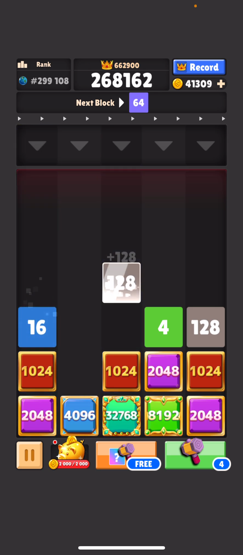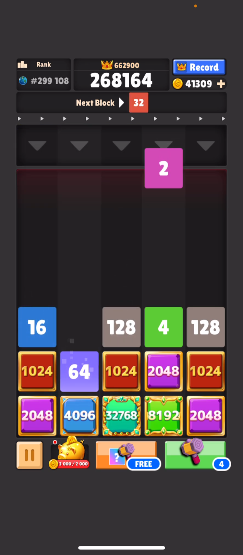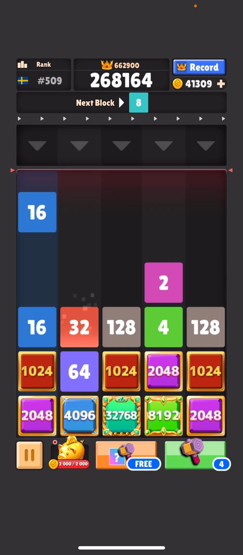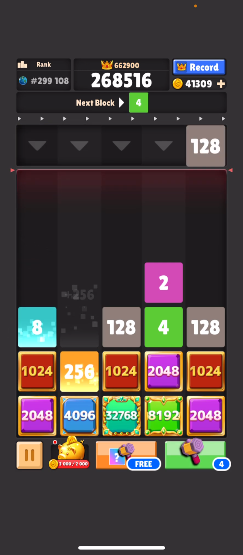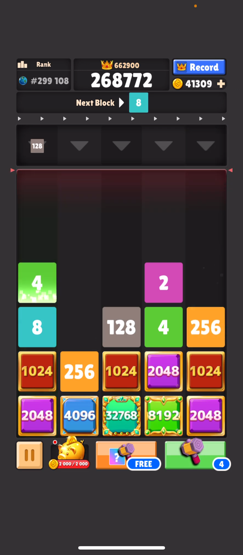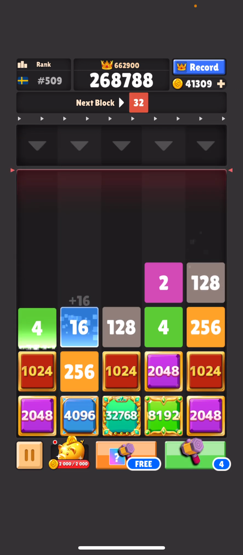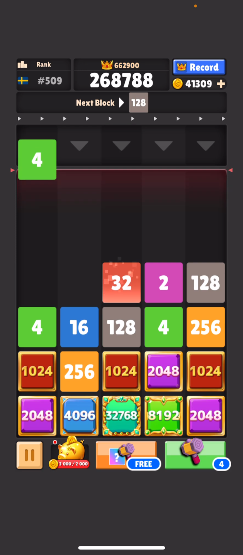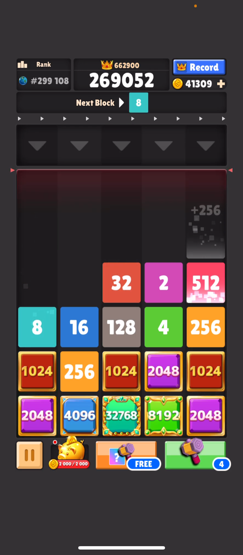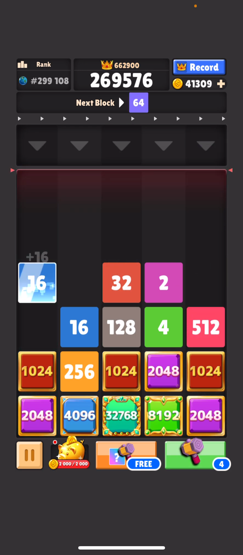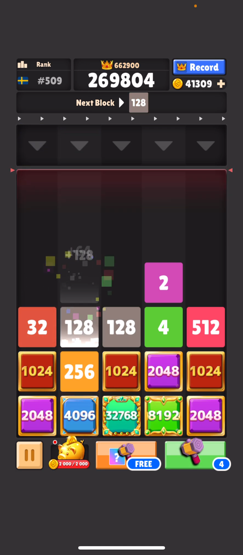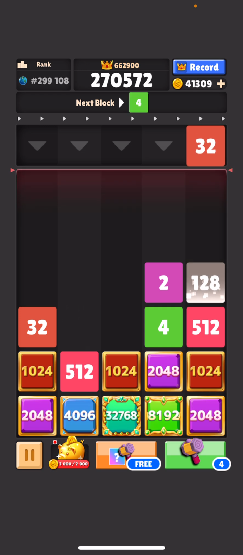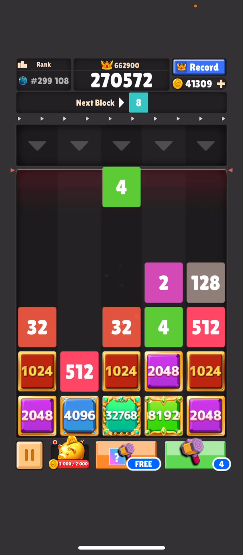We have enough space to the right to say that we place every single 128 there. We can just force build it, like looky. Let's force build the 1000 to the very right. And 128, force build.